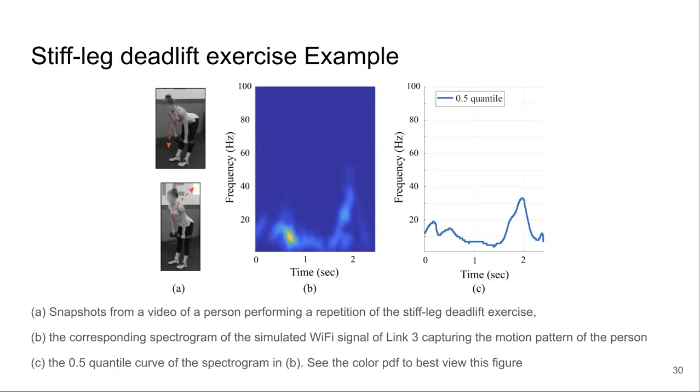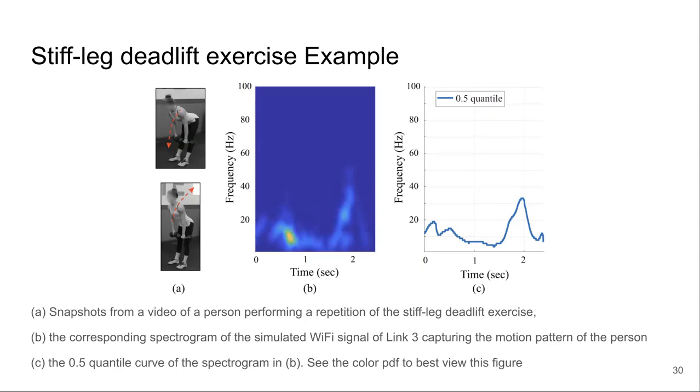And here's an example of the spectrogram and the 0.5 quantile distribution of the stiff leg deadlift exercise in link 3, shown in figure B and C. Recall that link 3 is placed above the person.